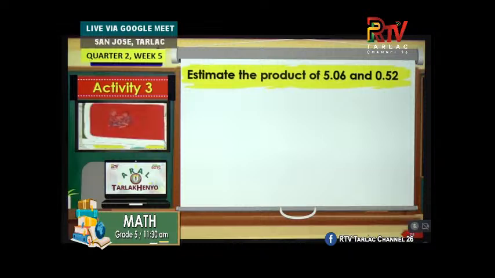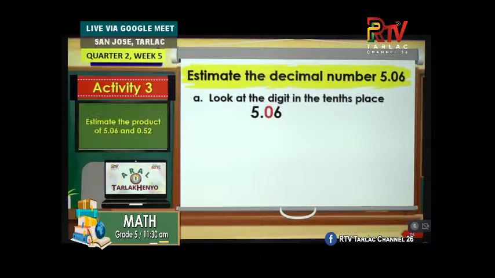Next, estimate the product of 5.06 and 0.52. Look at the number in the tens place. What digit is in the tens place? That is correct. It is 0. Is the number greater than or equal to 5?